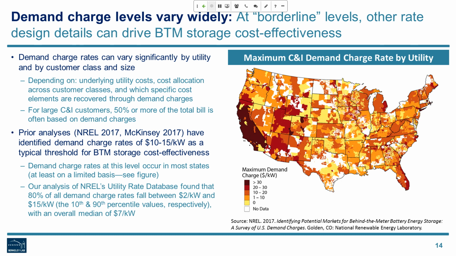Demand charge rates at these levels are occurring in most states, so that $10 to $15 level, for at least a portion of the utilities and rate structures offered. Our own analysis of the NREL utility rate database found that about 80% of all demand charge rates fall between the $2 and $15 per kilowatt level, with an overall median of $7 a kilowatt, which is why we use it as our reference.